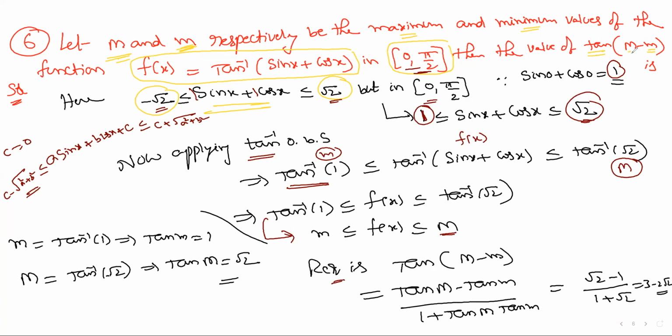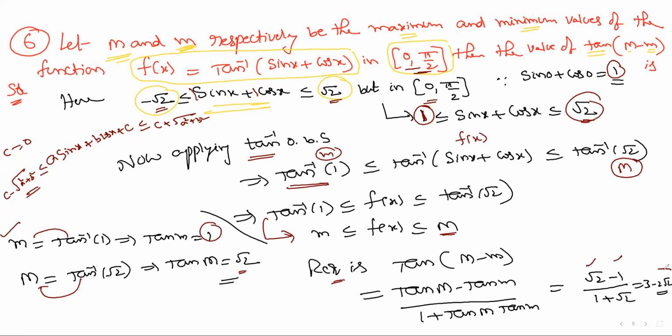Here, what is required? Tan of capital M minus small m. So the tan a minus b formula: tan a minus tan b by 1 plus tan a tan b. What is the small m value? Tan inverse 1, so tan m we get 1. Tan capital M we get root 2. Directly substituting, root 2 minus 1 by root 2 plus 1.